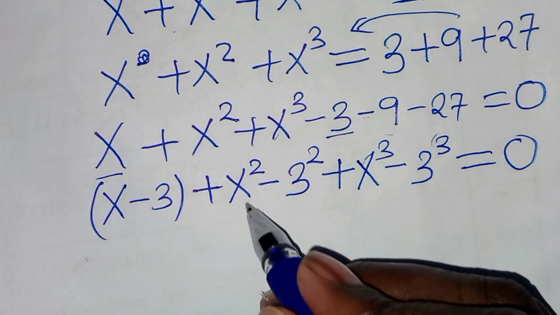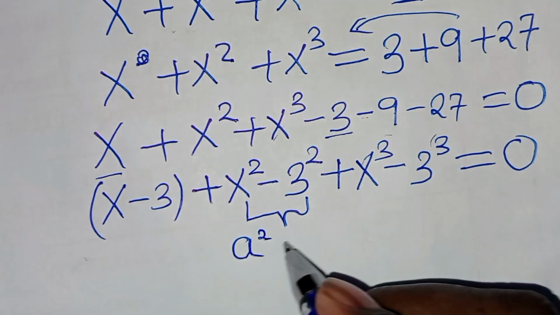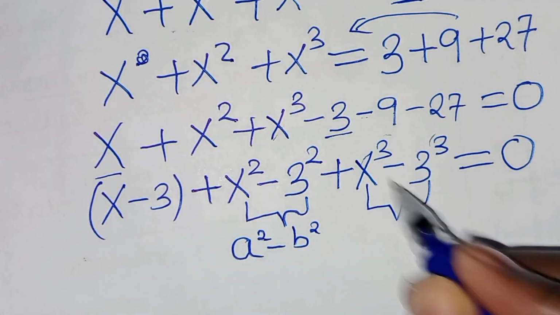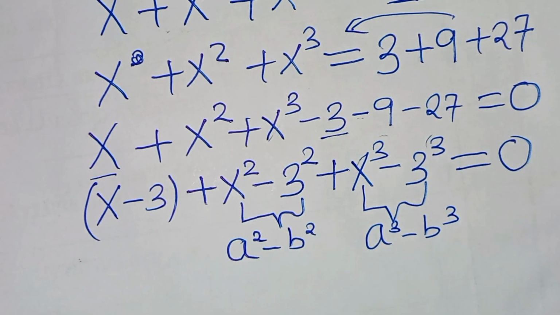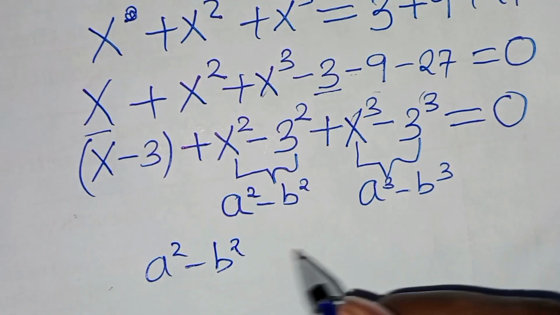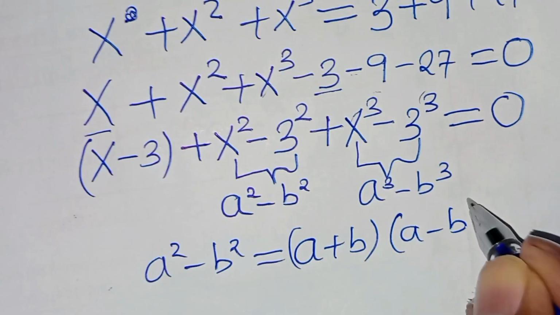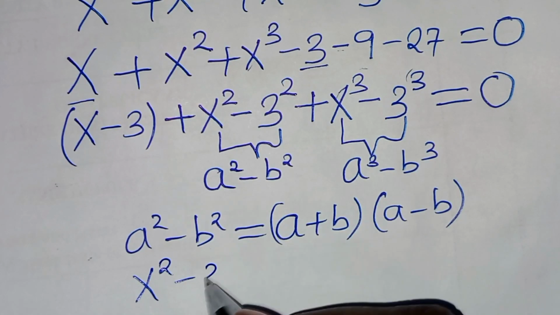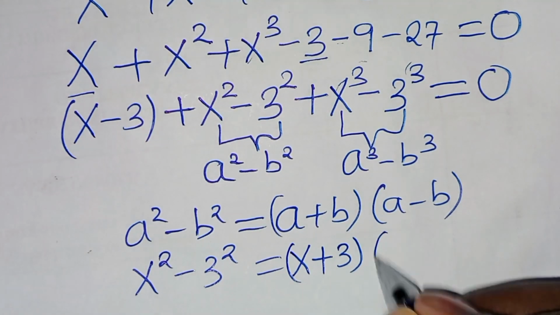If you check this particular part, this is the difference of two squares, which you can express as a squared minus b squared, and this is the difference of two cubes, a to power 3 minus b to power 3. The difference of two squares is a plus b, a minus b. So x to power 2 minus 3 to power 2 can be expressed as x plus 3, x minus 3.